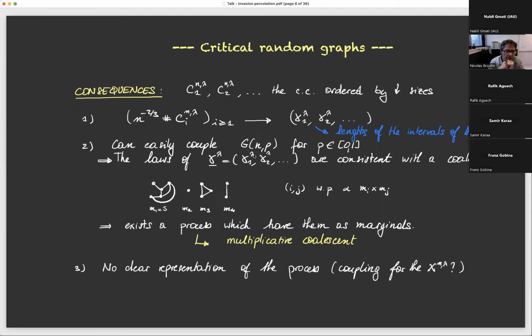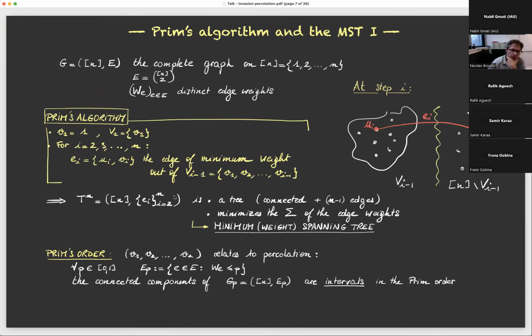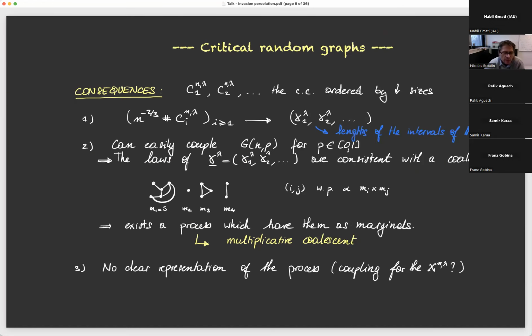Something else that you can notice is how the coalescence works at the discrete level. In the discrete process, if I tell you that for a given p you have a fixed graph, the next edge to appear is uniform among all potential edges between any two components, which means that two components will merge with probability proportional to the number of potential edges between them.